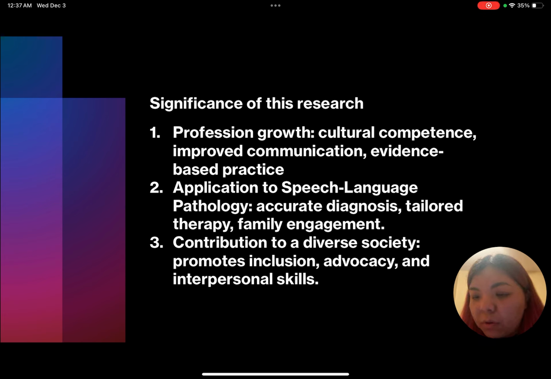Cultural competence: learning about Hmong phonetics deepens understanding of linguistic diversity. And then improving communication: if you work in education, healthcare, or social services, you can know the sound system of Hmong and communicate more clearly and avoid misunderstandings.